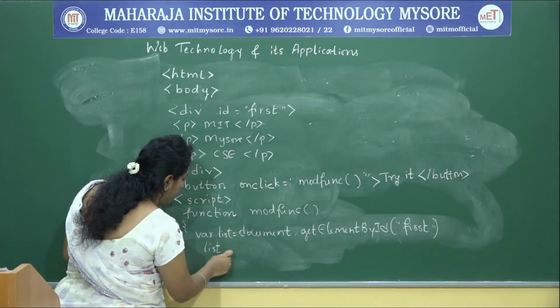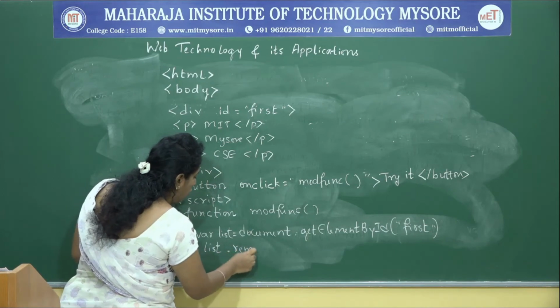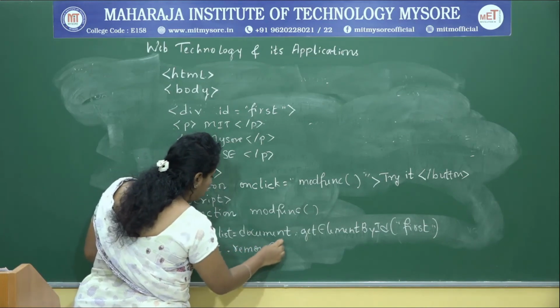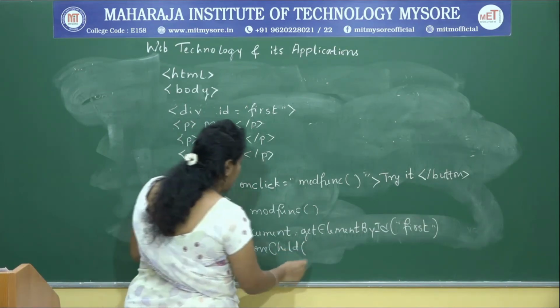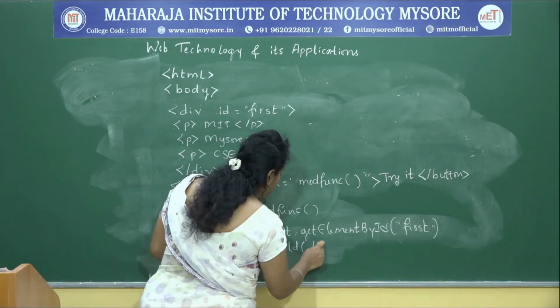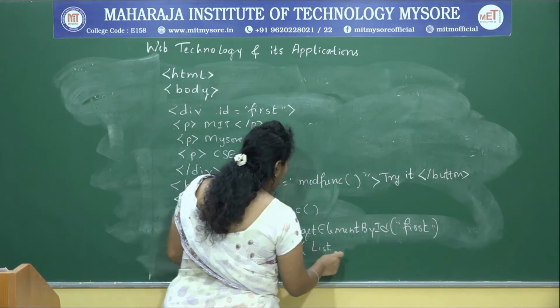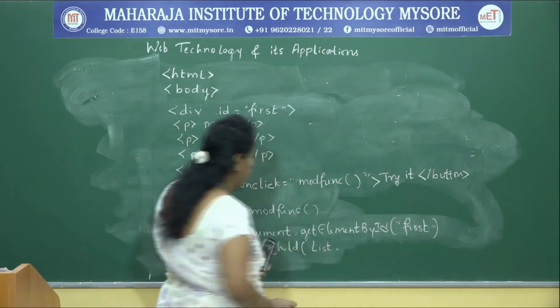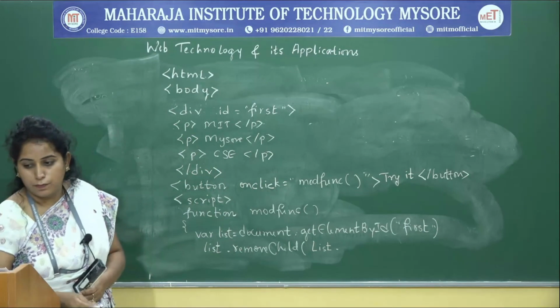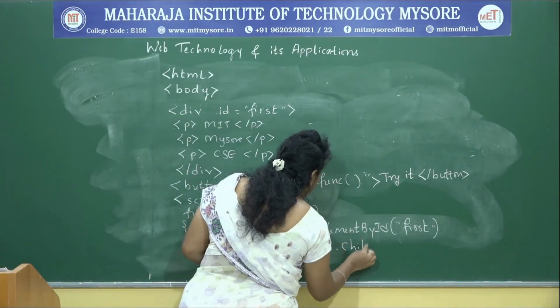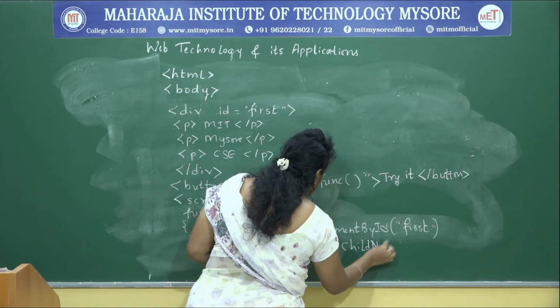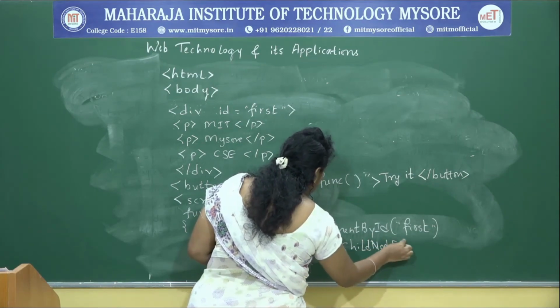The list variable, and then call the property removeChild, open the parenthesis. list.removeChild, if I pass the index as 2.